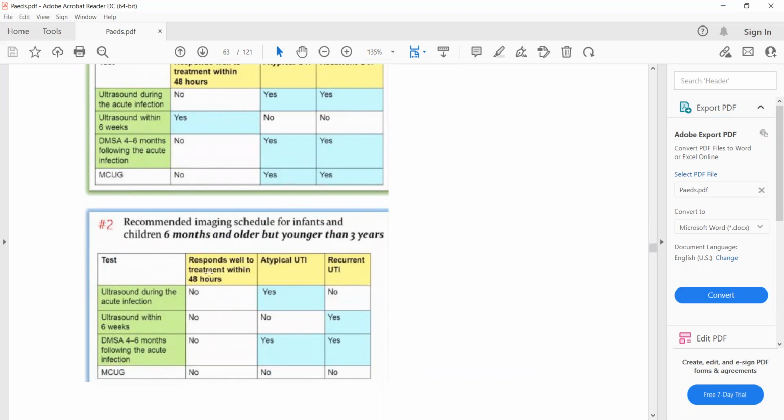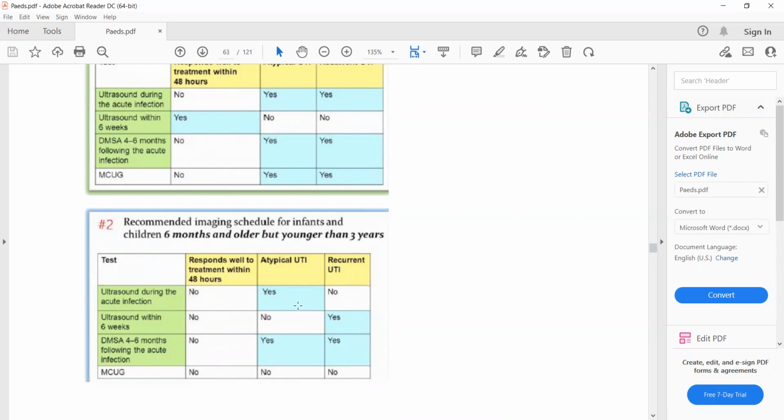If the UTI is straightforward, that is, if it responds to treatment within 48 hours in children who are 6 months to 3 years old, then no imaging is required. No immediate ultrasound, no ultrasound within 6 weeks, no DMSA scan, and no MCUG.